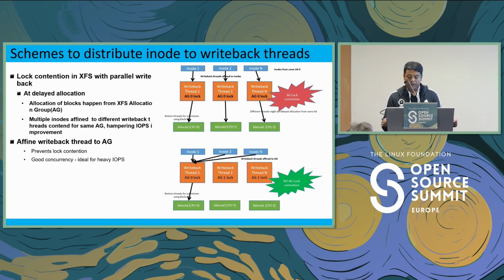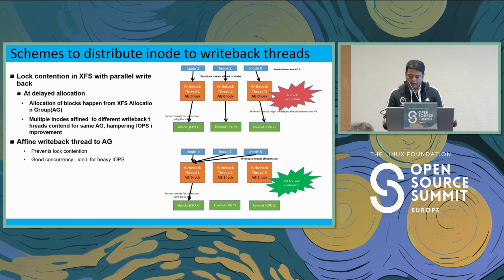If that is done, multiple writeback threads try to acquire the same allocation group lock, and these are semaphores. If one thread has acquired the semaphore and we have, say, 128 writeback threads, then 127 of the other threads will be waiting on the first semaphore. Instead of increasing the IOPS, in this case, it decreases the IOPS.